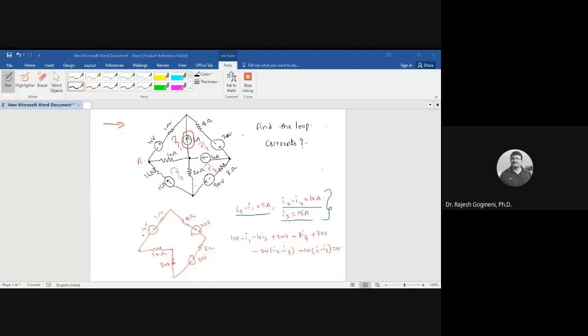Is the screen visible? That presentation, is that problem given in the last class. Did you finish that problem? Anyone got the answer for the loop currents? Please respond quickly. Did you solve the problem or not?